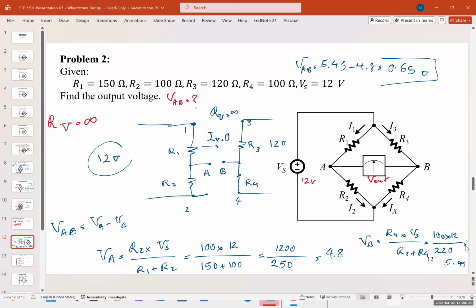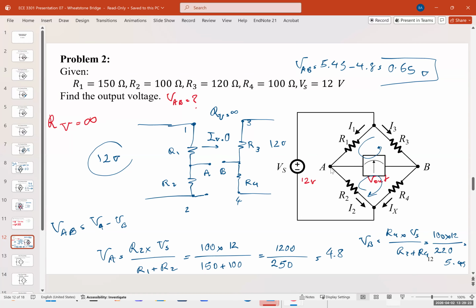Another way to solve this is to do KVL and KCL. You can use the currents and do a KVL in this loop and do another one in this loop.